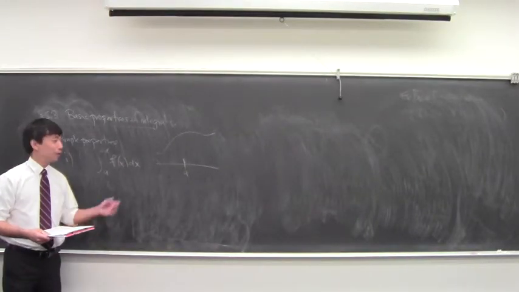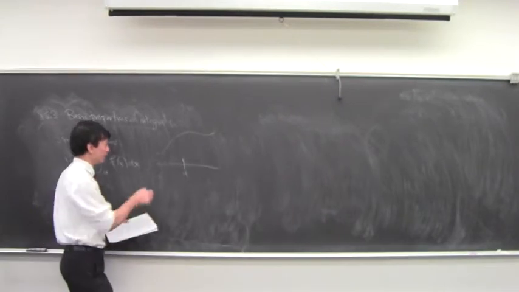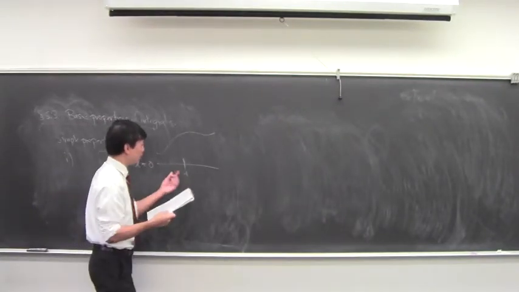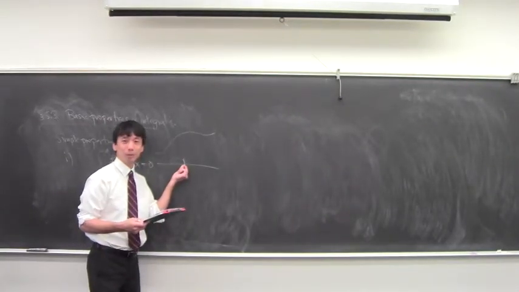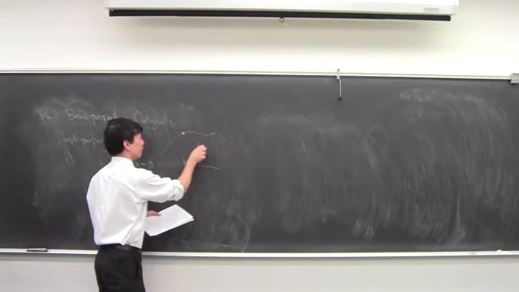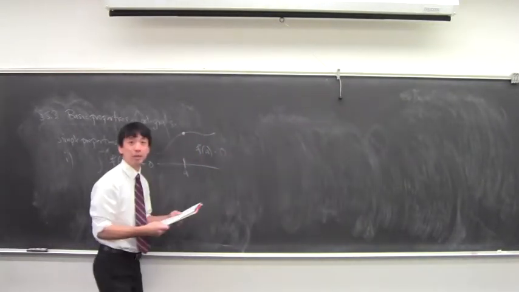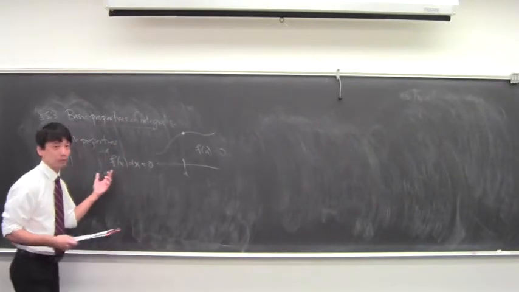Well, then what's the integral going to be? 0, right? Why? Well, because when you take your Riemann sums, the width of the interval is going to be 0, right? Certainly, there's a height here. You have some f of a, but it'll be times the width, but the width is 0, right? So the integral is 0.